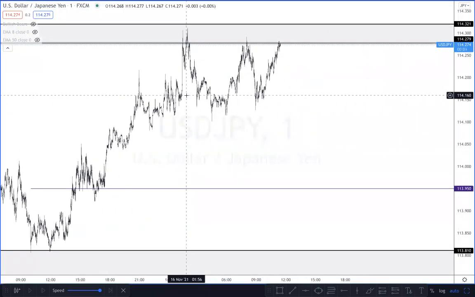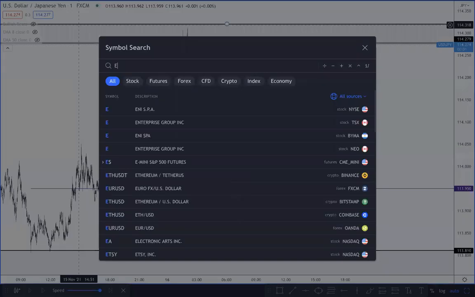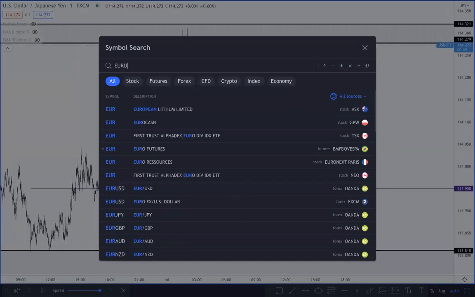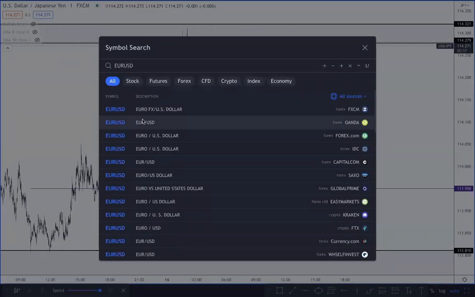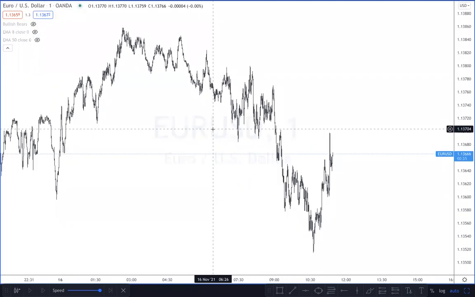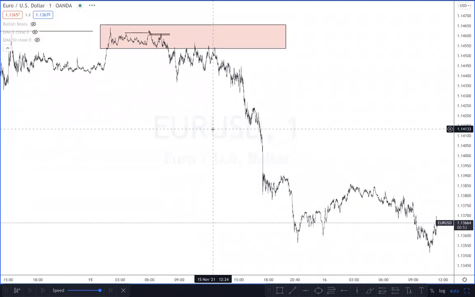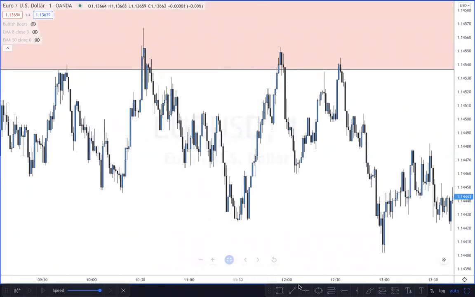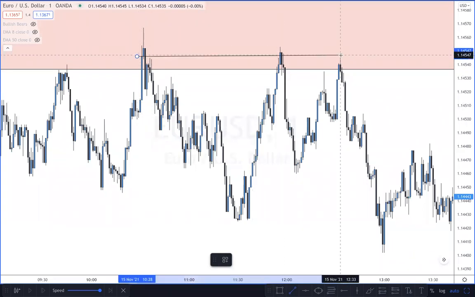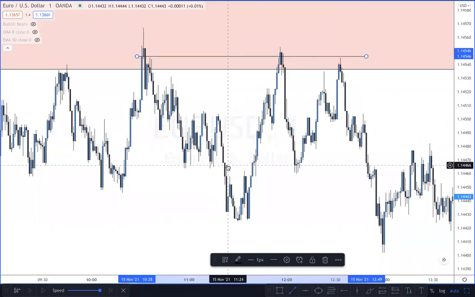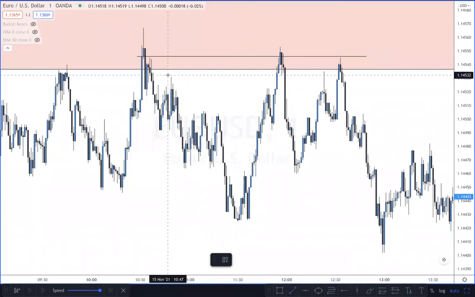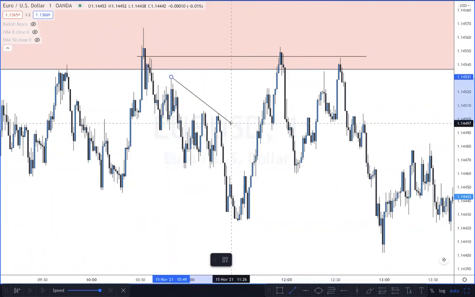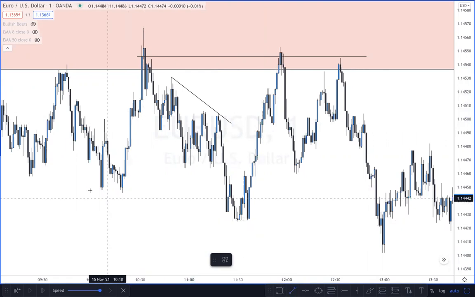Oh, what have I done? There's another entry here. Internal liquidity. Break of market structure.